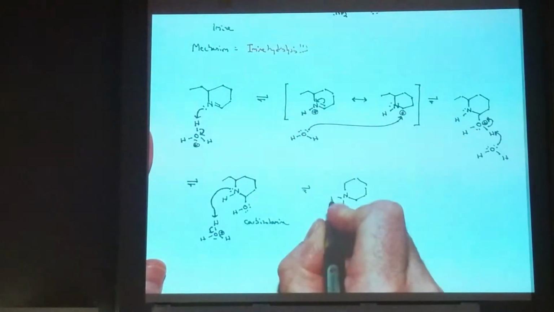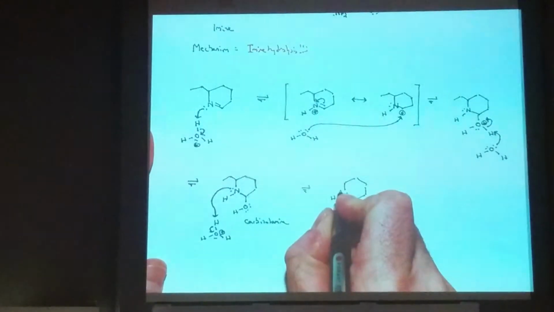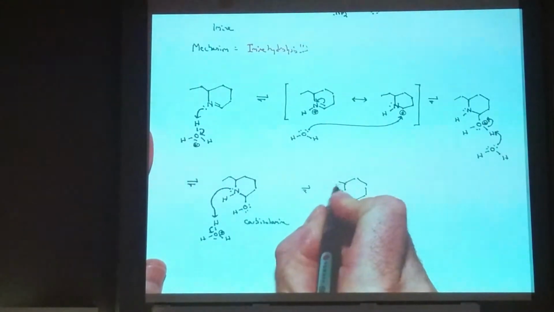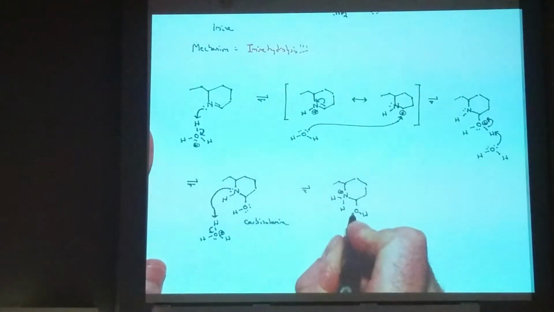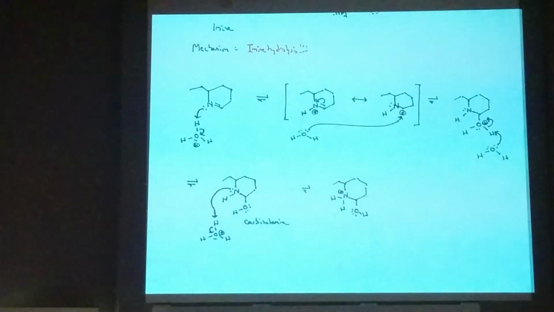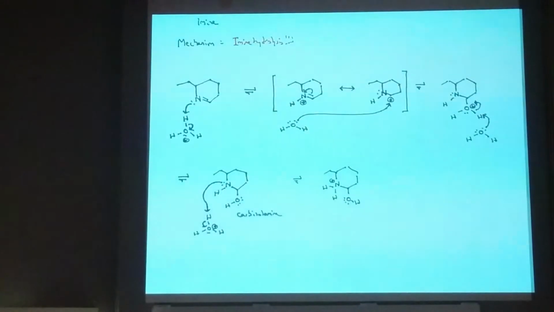So now it's going to have two hydrogens. It's going to have a positive formal charge. There's our ethyl group. We still have a hydroxyl. And now we've set this up to depart as a leaving group.